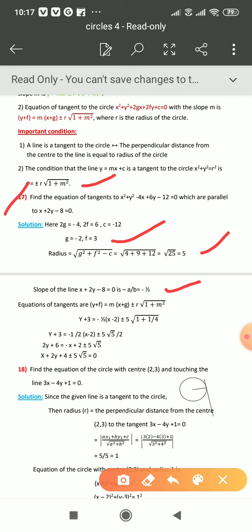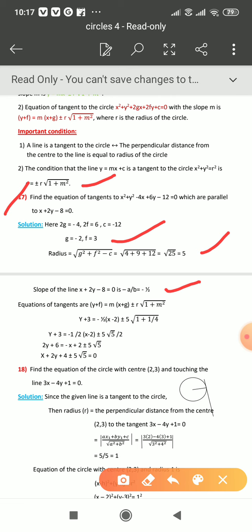Here a is the coefficient of x, which is 1, and the coefficient of y is 2. So minus 1 by 2 is the slope of the given line. The slope of the line parallel to the given line is also minus 1 by 2 because the slopes are equal. So we find a tangent with the slope minus 1 by 2.